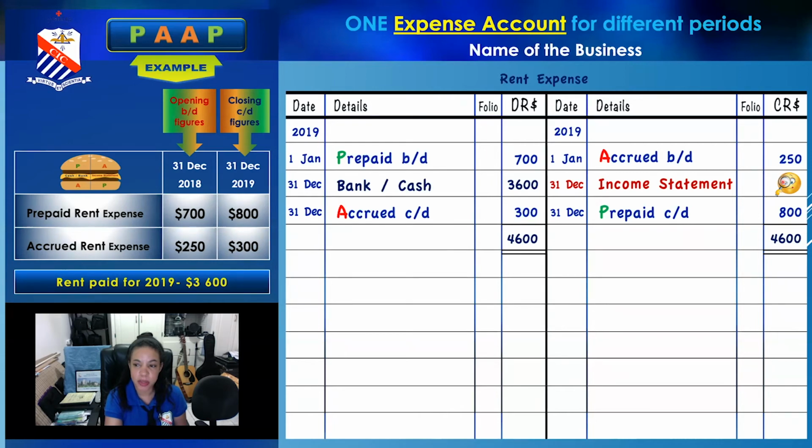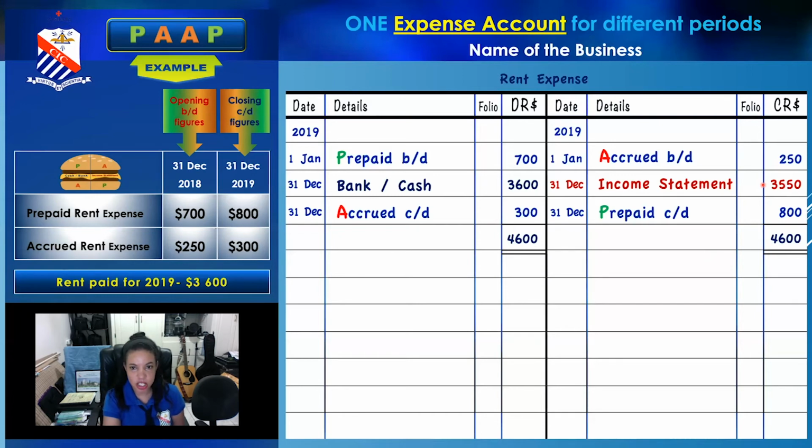And to find your missing figure here, it will be 4,600 minus your 800 and your 250, which would give you 3,550 as the rent expense incurred for the period 2019 ended on the 31st of December, to be transferred to your income statement.